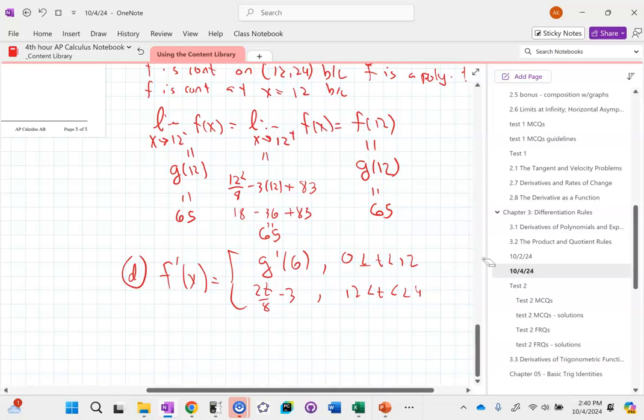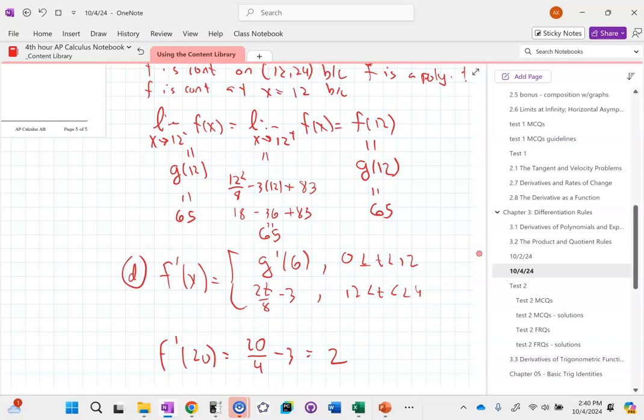So f prime of 20 is going to be 20 over 4 minus 3, so 2. Does that feel okay, Elena?